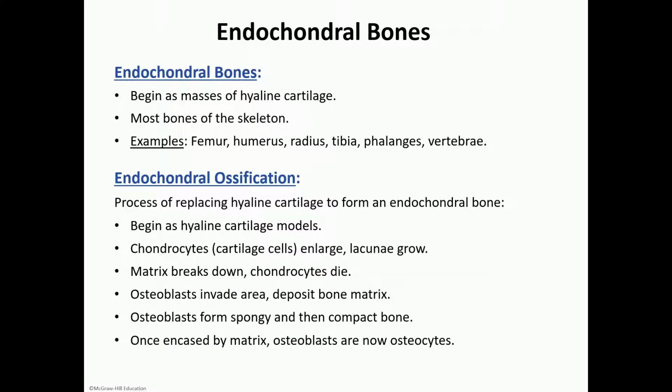Endochondral ossification is different. We start off as hyaline cartilage. These are going to develop into the longer bones and pretty much the rest of the bones. The process is kind of the same. So we start off with hyaline cartilage cells known as chondrocytes. These chondrocytes are going to get bigger and bigger and bigger until they get too big and they just die.